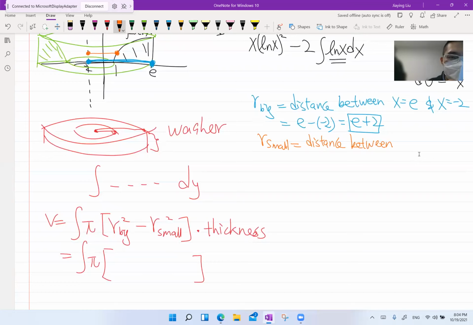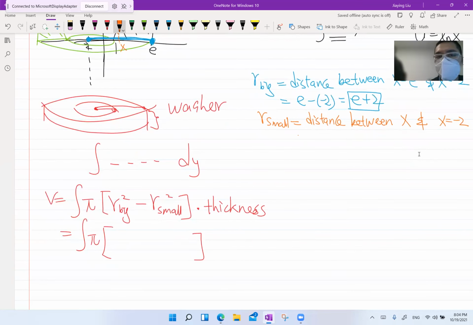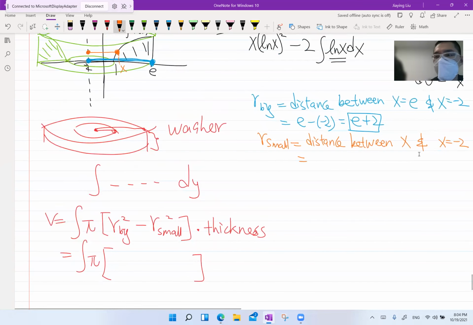What is this x value on the right? I don't know. That depends on where the point is, right? I'm just going to call it some x value. And the most left x value is always -2. So the smaller radius is just going to be some x value minus -2, which is x plus 2. So those are the two radii that we're going to need.